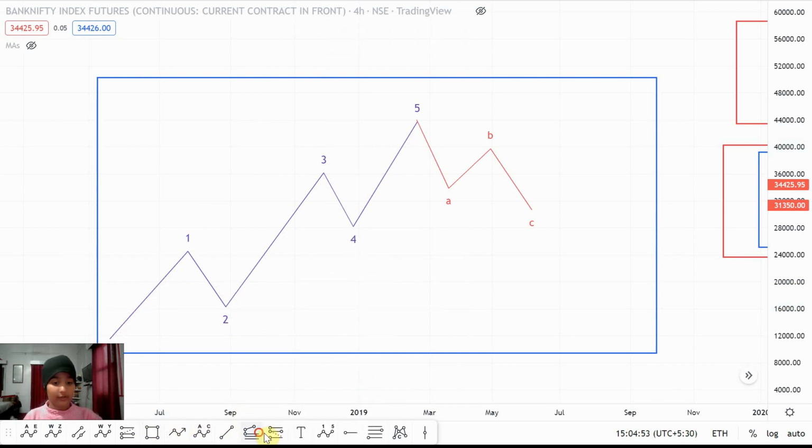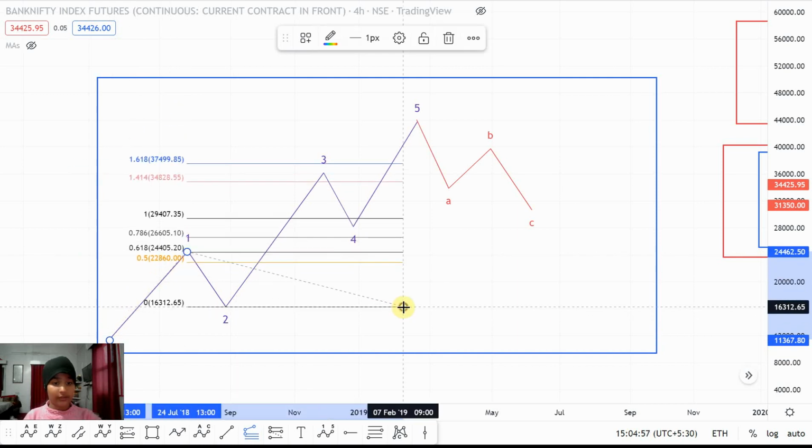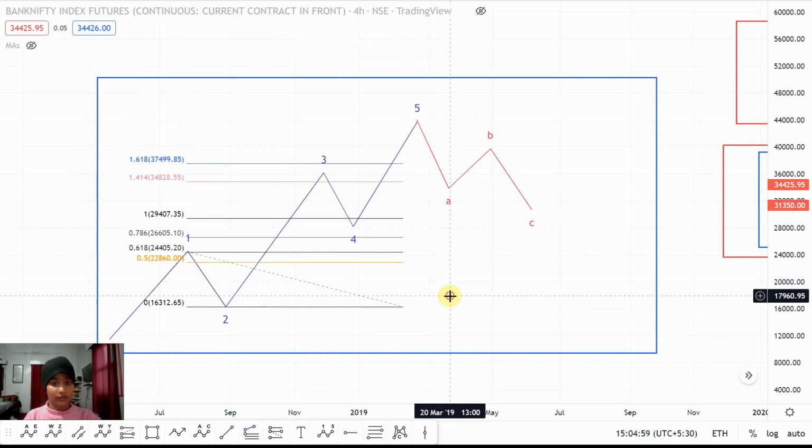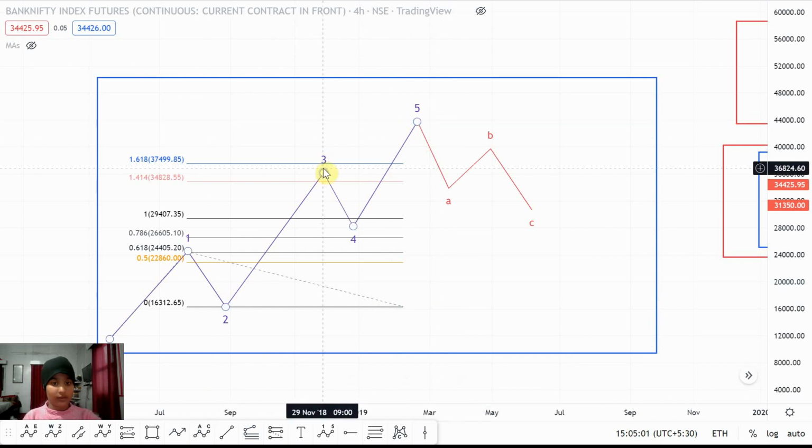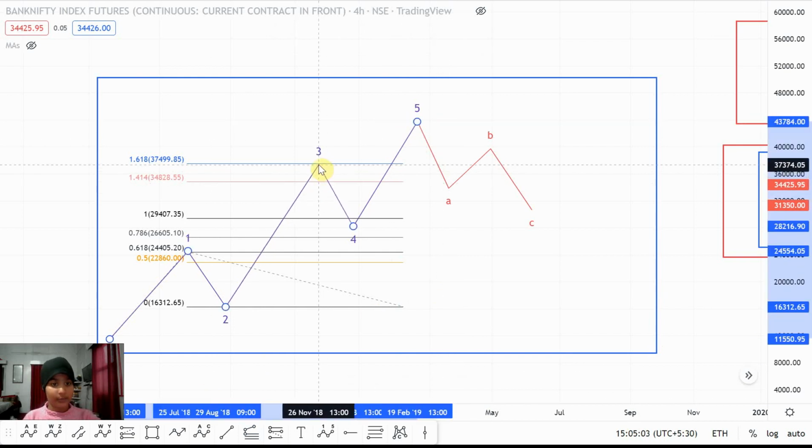For checking our third wave, we put this extension. Our third wave can extend up to 1.618 and it may also come at this level 1.